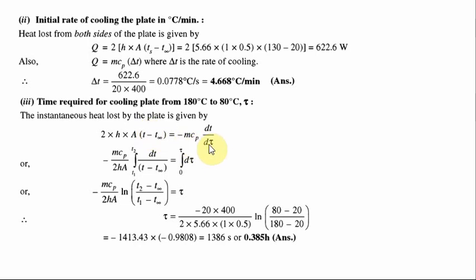Integrating d tau from 0 to tau, the remaining terms are minus m Cp divided by 2 h A, into dT by T minus T infinity.